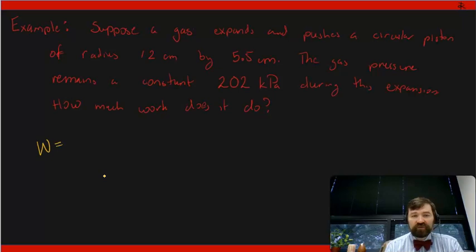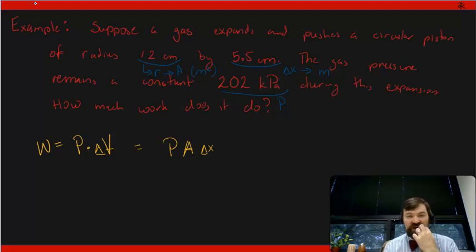We know that the work is the pressure times the change in volume, P delta V, and that can be written as P times A delta X. If we underline the terms we've been given, this is my pressure, this 5.5 centimeters is my delta X, which we'll need in meters. This is a radius which can give us an area, and we want that in meters squared.